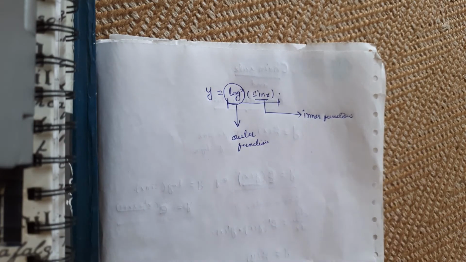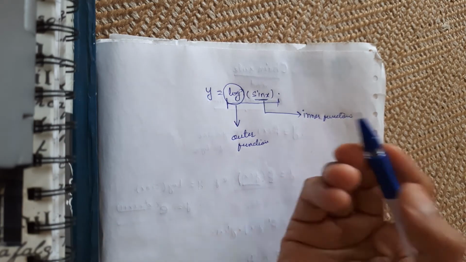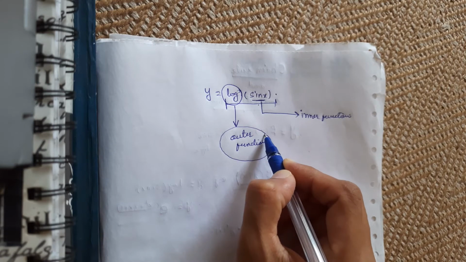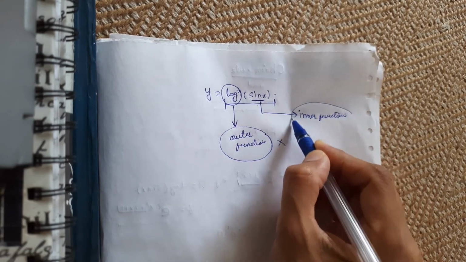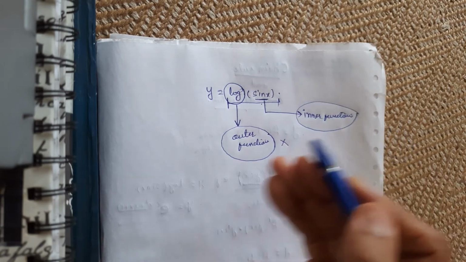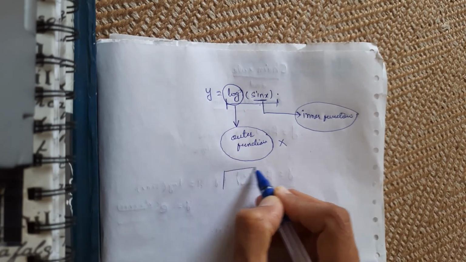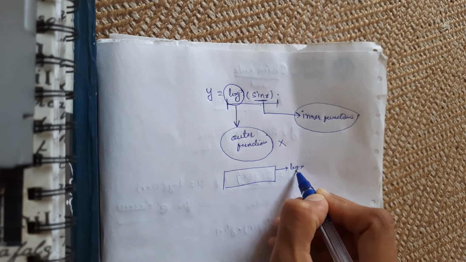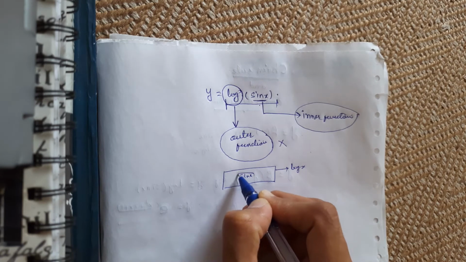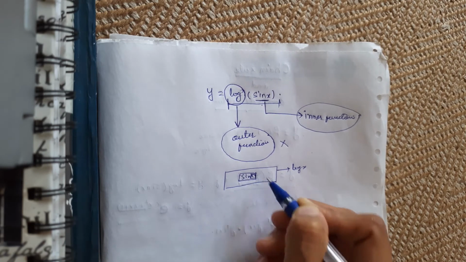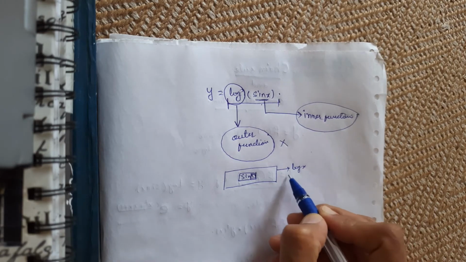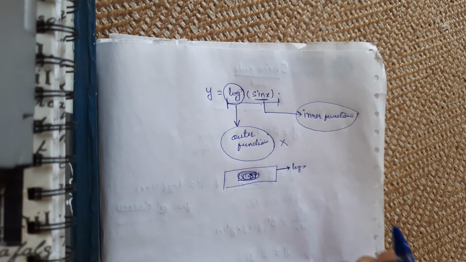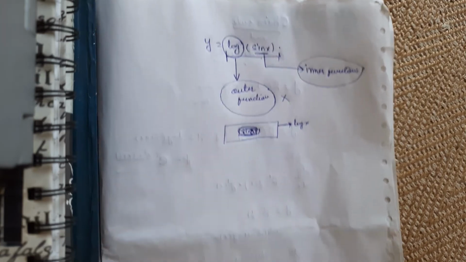Always remember that while finding the derivative of a composite function, first find the derivative of the outer function and multiply it by the derivative of the inner function. Stepwise, you go like this: if the outer function is log x, then I have sin x as the inner function. If something is also inside the sin x, then I first find the derivative of this, multiply by the derivative of this function, multiply by the derivative of this function. That's how I go inside and inside and inside.